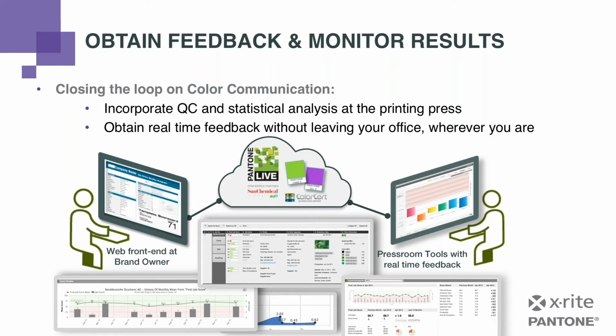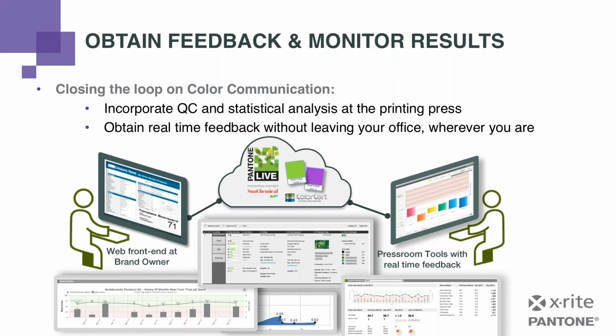If you're reporting back to your customer, generally a brand, these process control statistics or key performance indicators aren't always useful to a brand owner. A brand owner might not understand, well, my density was X and my dot gain was this and my delta E was this. It's a lot of different data to put together.